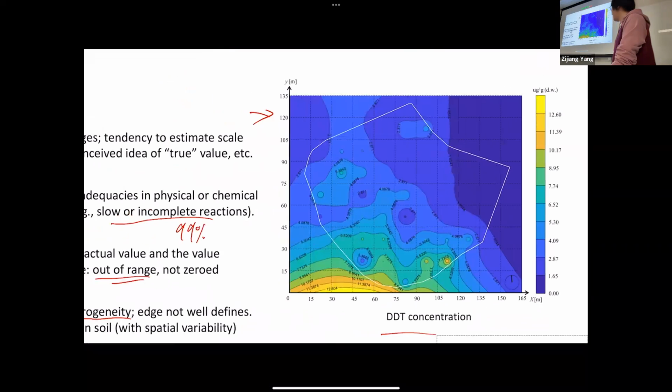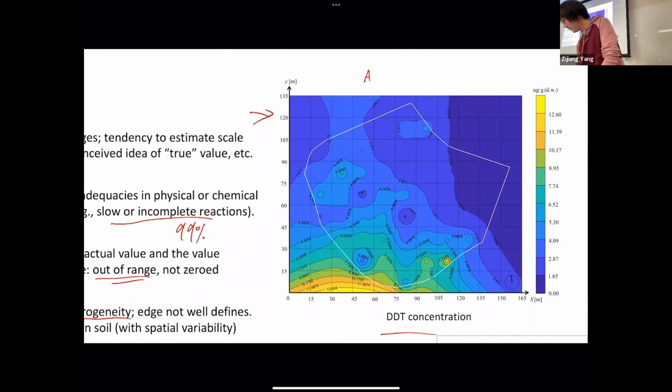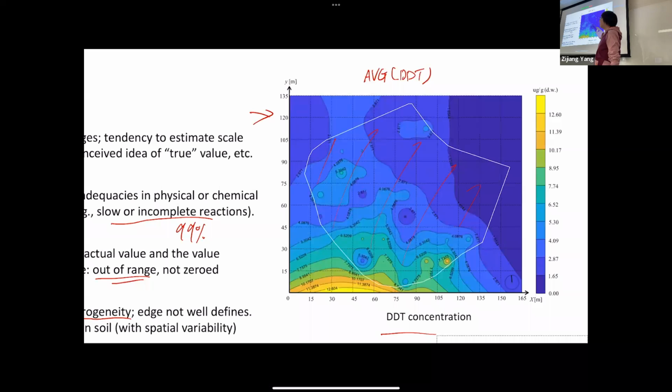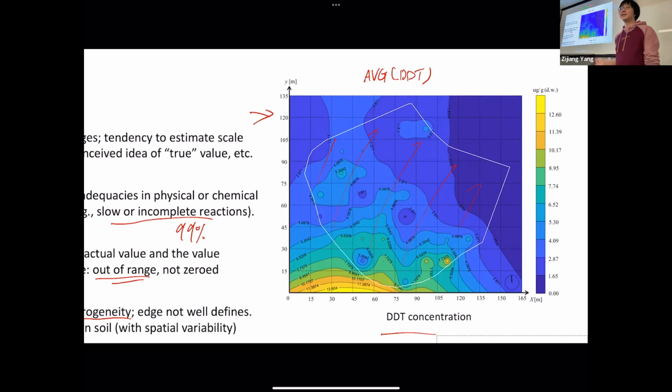Suppose we want to know the average concentration of DDT in this area. Ideally, we can take an infinite number of soil samples from this area, measure the concentration of every sample, and then calculate the average. But in practice, this is impractical because we cannot take so many samples.